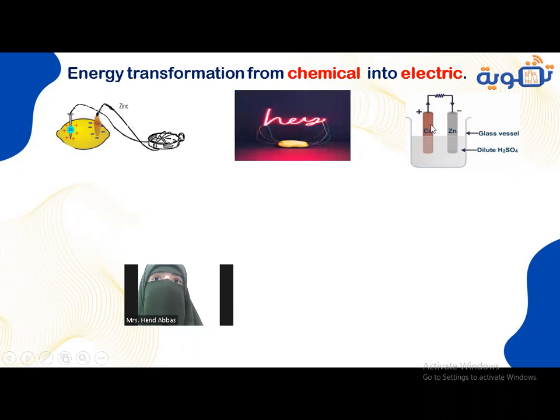If we put two different metal plates here, like zinc and copper, electric current will pass. This electric current causes a deflection of the needle of the compass. The electric current moves in the wire from the copper, the positive rod, to the negative zinc rod.